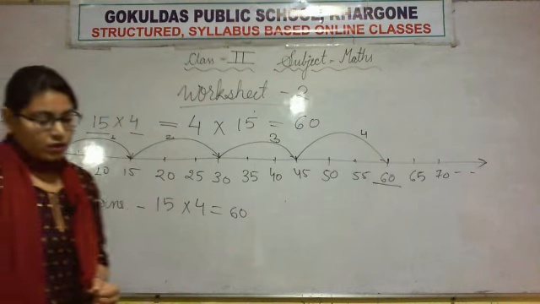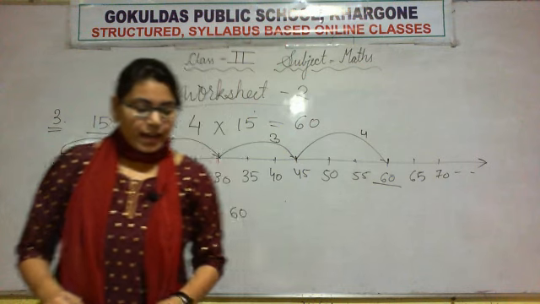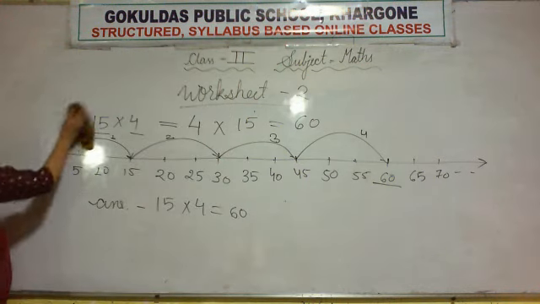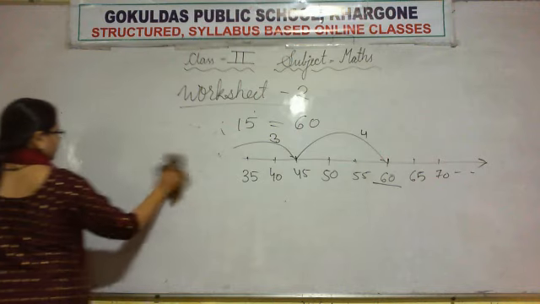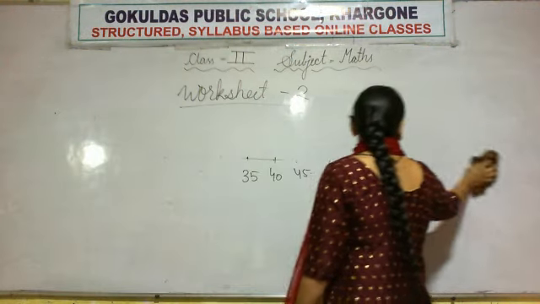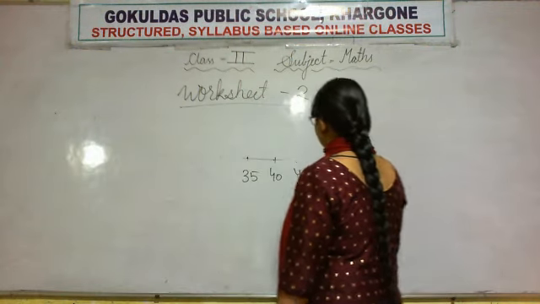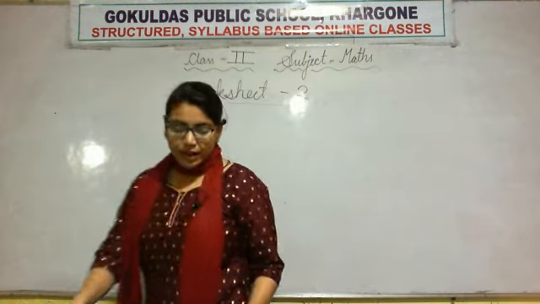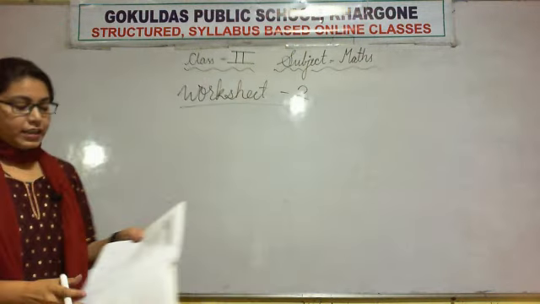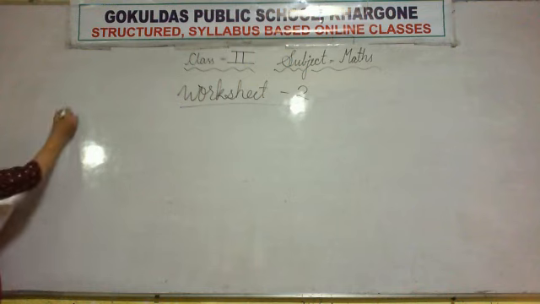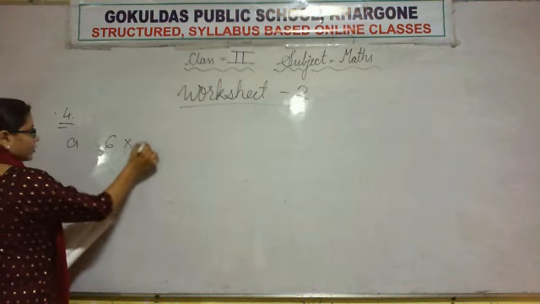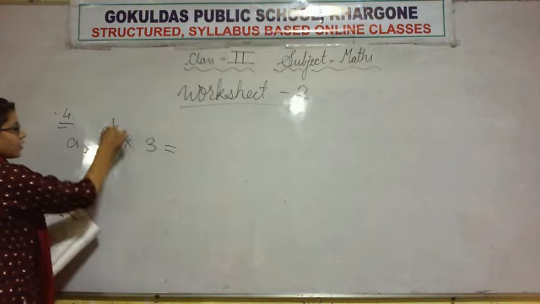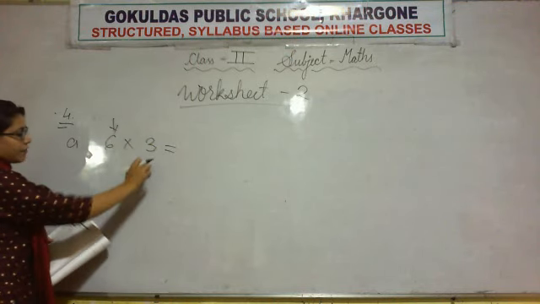Okay students, so the next question is question number 4. Question number 4 is multiply by repeated addition. So 6 into 3, we know this is times, so 6 times number 3.